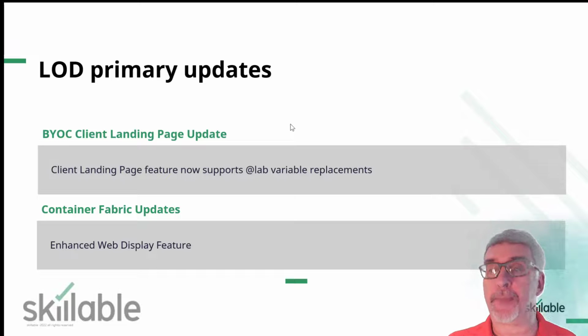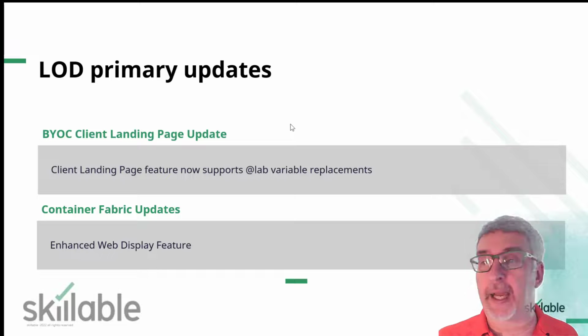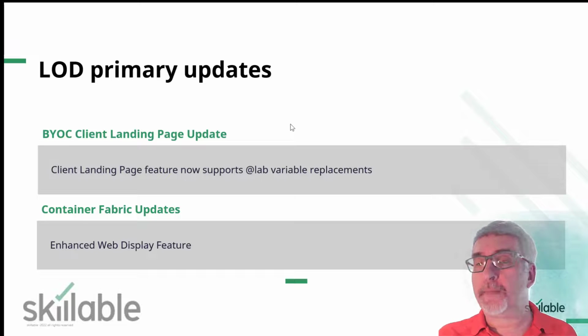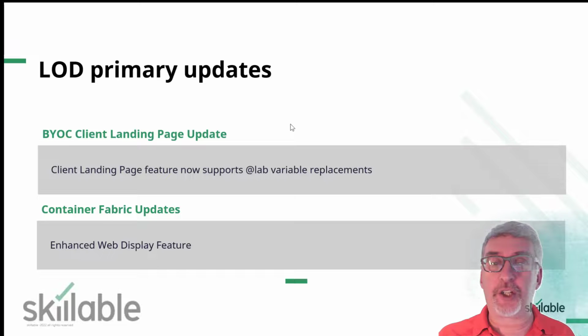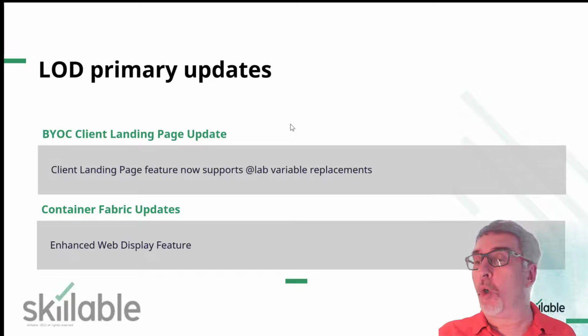Imagine something like a Salesforce or a Workday and being able to onboard that platform and deliver training from it. Now, one of the things that was missing from our platform was if you need to configure features in a bring your own cloud scenario, you might not know all the pieces of information you need to present to the user as part of the URL until you've actually provisioned that particular resource.